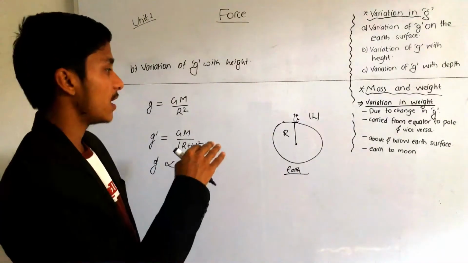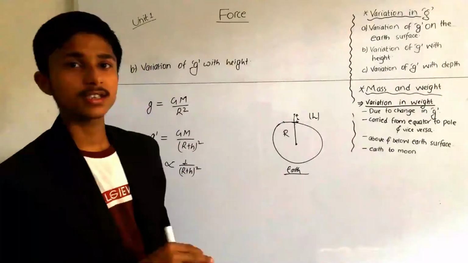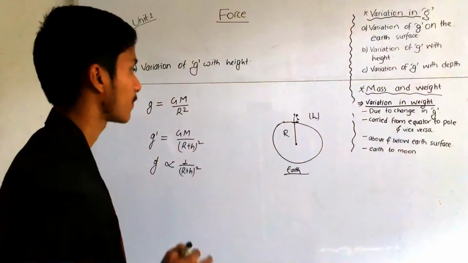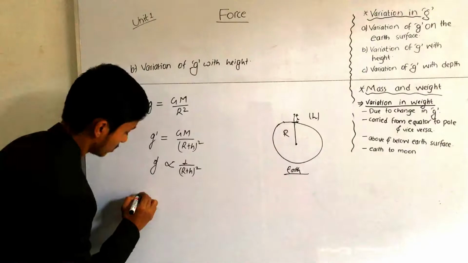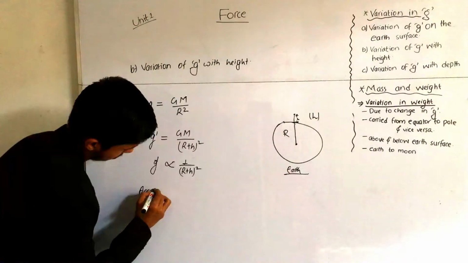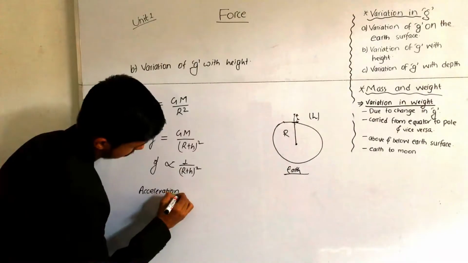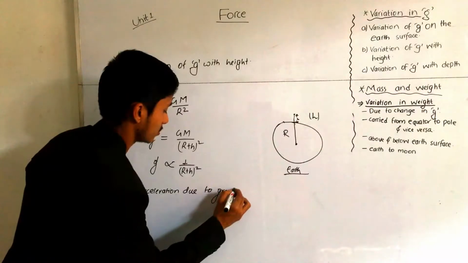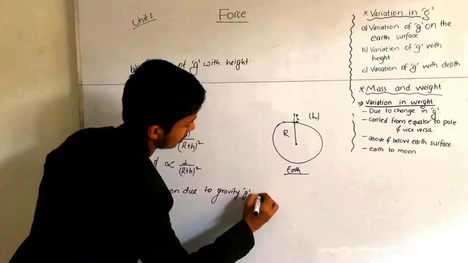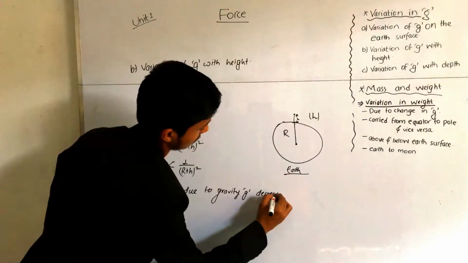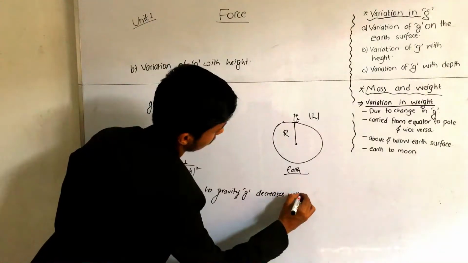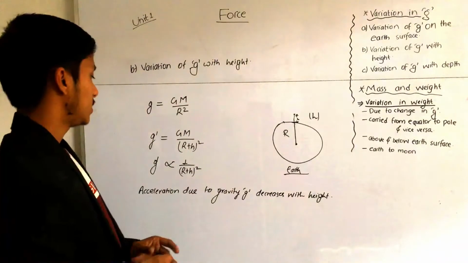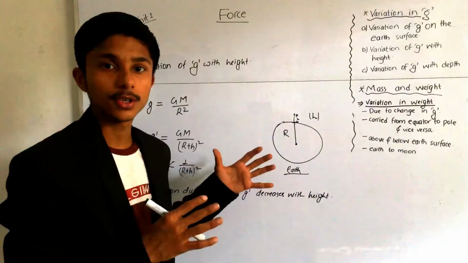So we can write: acceleration due to gravity, that is small g, decreases with height. This is our second topic. We have also finished this one.